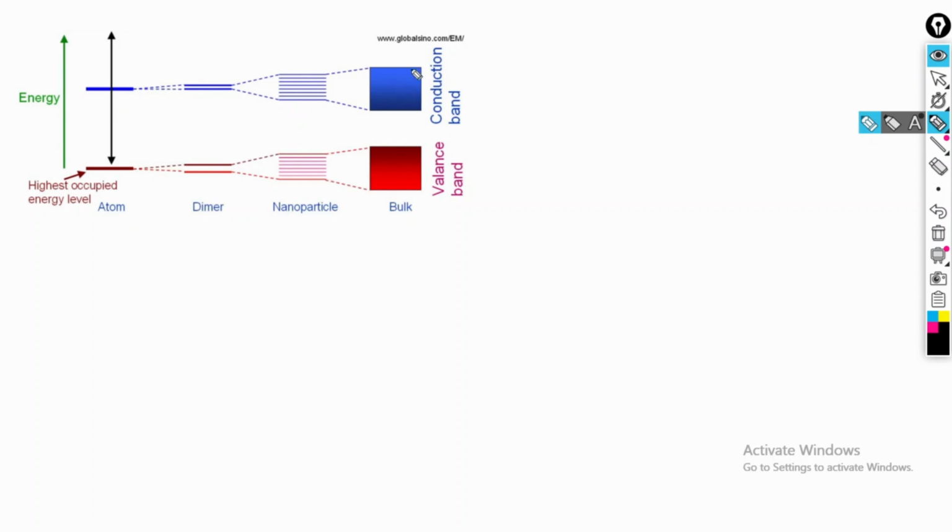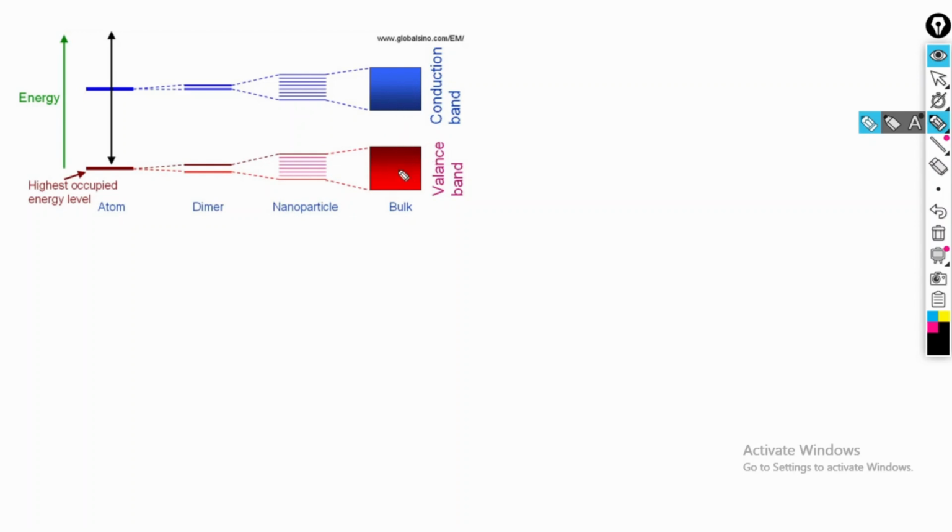Therefore this band will have different energy as compared to this band. So we call this band the valence band because it has lower energy, and this is the conduction band, it has higher energy than this band. And here is the gap between these bands, we call this gap the band gap.